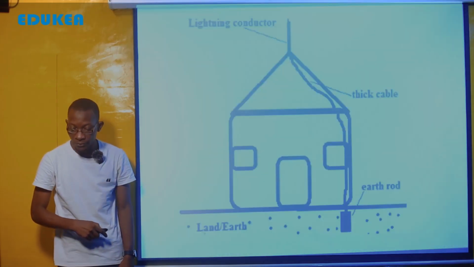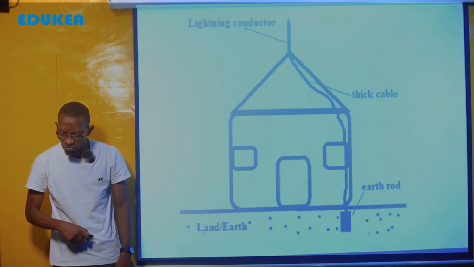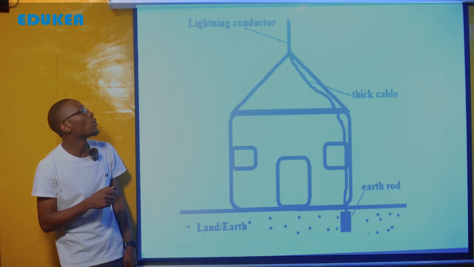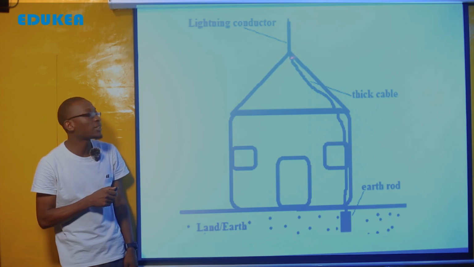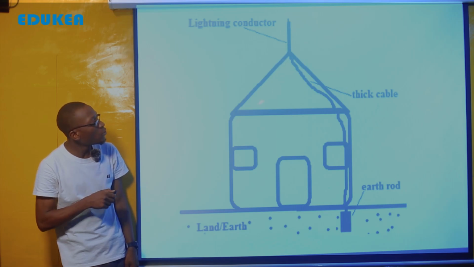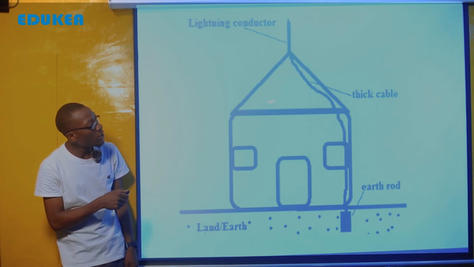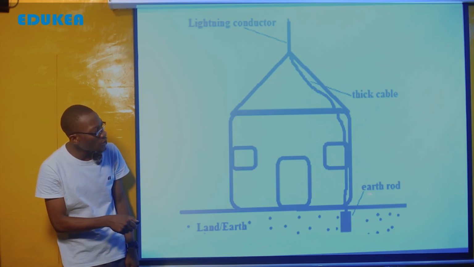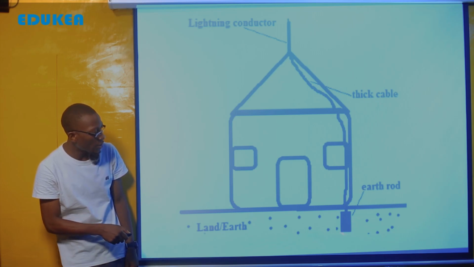So you can see here, this is a lightning conductor, ile metal lightning conductor ambayo ni ndefu zaidi. Hii ni nyumba, ambapo hii tunasema ni earth's load. So hii hapa ni thick cable. Huu ni waya wa earth.